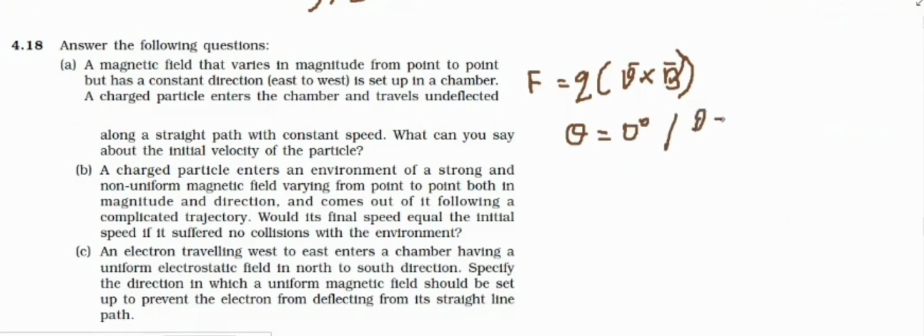The first possibility is that the velocity of the particle should be parallel to the magnetic field, and the second possibility is that it should be anti-parallel to the magnetic field. We have the formula F is equal to Q into V cross B. When you take the cross product, it is V B sin theta. So when theta is equal to 0 degree or theta is equal to 180 degree, the sine value is 0, so the force becomes 0 and the particle goes straight.